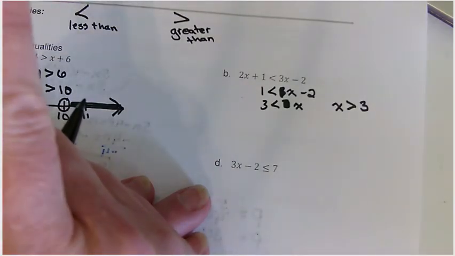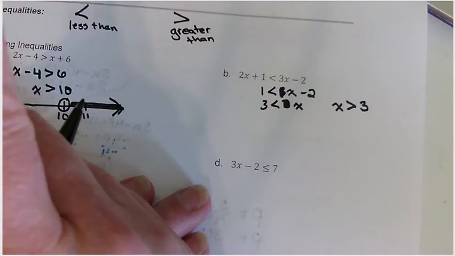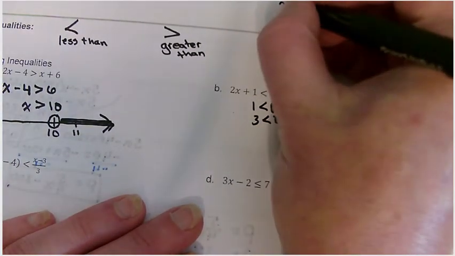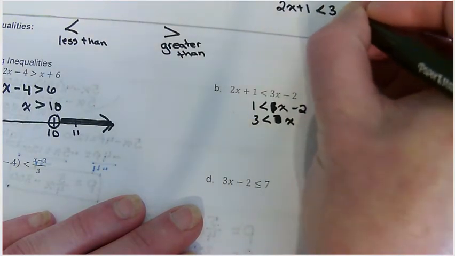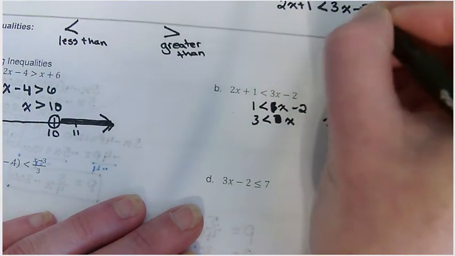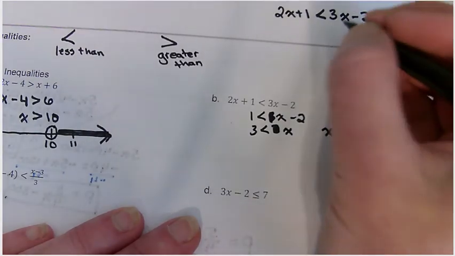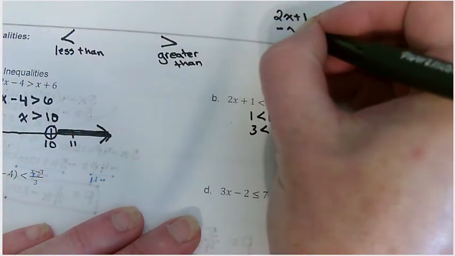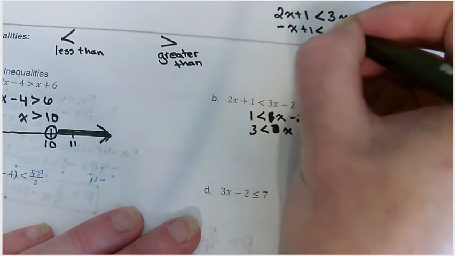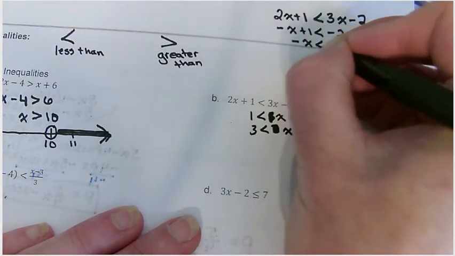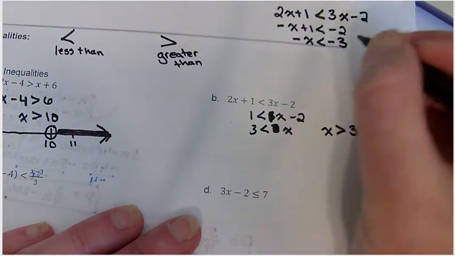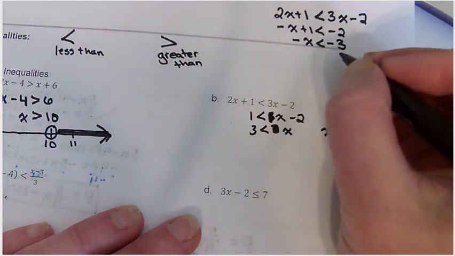Now, you could have done this one a little bit differently. I just want to remind you. If you had instead subtracted 3x from each side, you would have had negative x, then subtract the 1. Then you would have to divide both sides by negative 1.